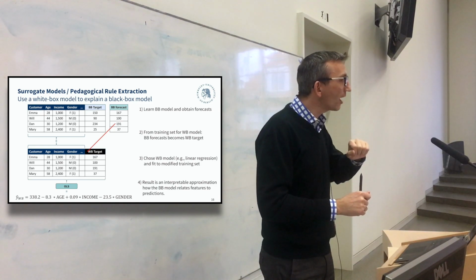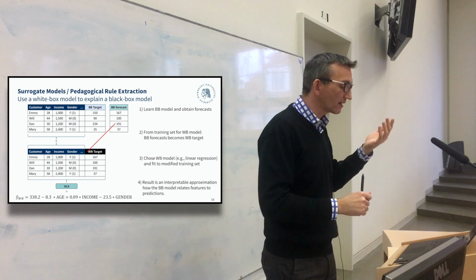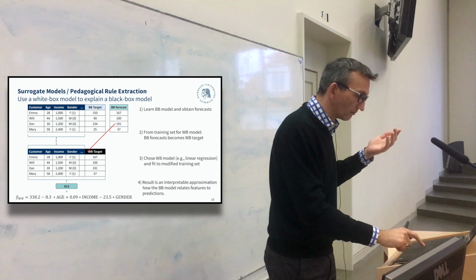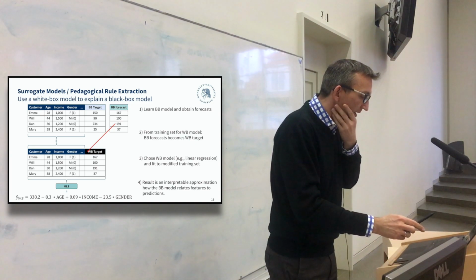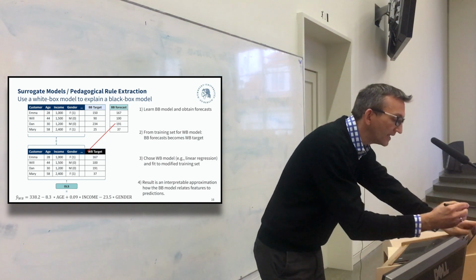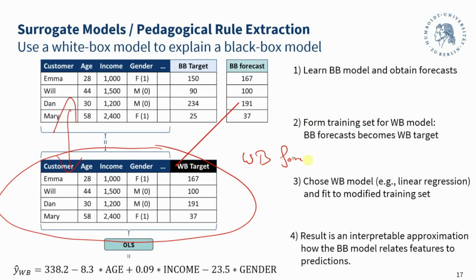In my previous example, when you predict purchase value, you could check what the white box forecast would be. Maybe here the white box forecast might be something like 175, and here it might be something like 95.